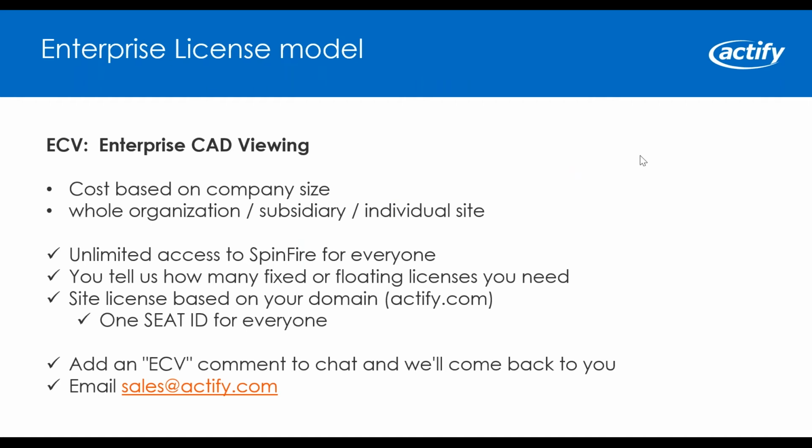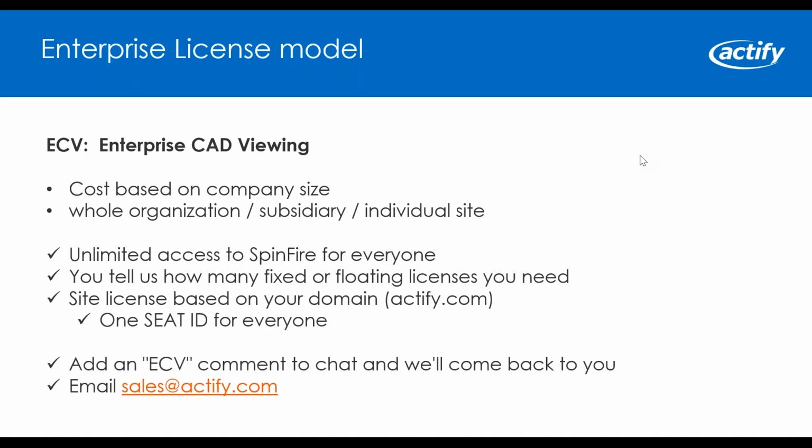We also offer an enterprise solution, which we refer to as ECV. It's based on your company size. It can cover your whole organisation or just a subsidiary or individual site.